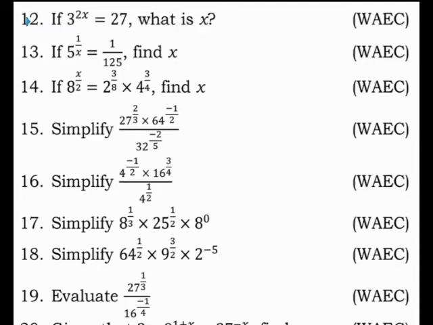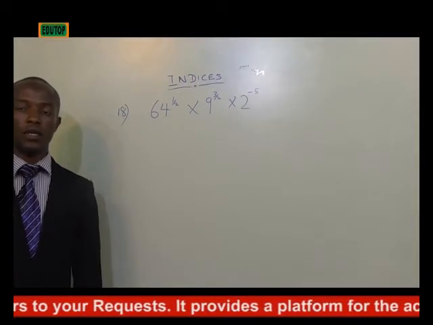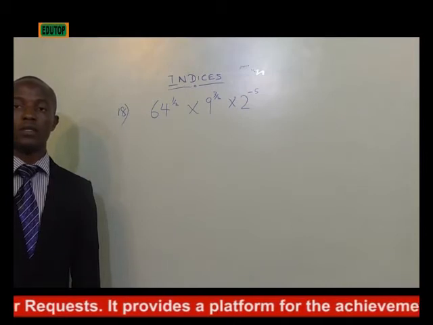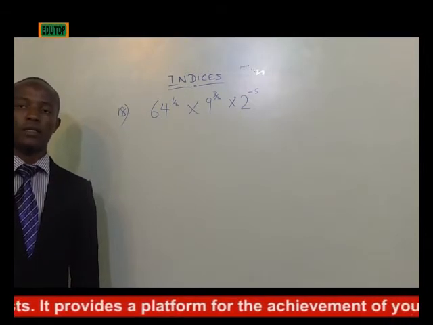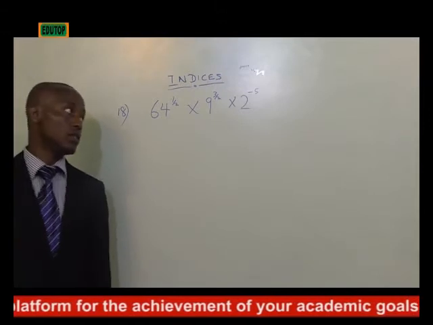Example number 18. Simplify 64 raised to the power 1 over 2 times 9 raised to the power 3 over 2 times 2 raised to the power minus 5. Here we'll be applying law number 6, the sixth law of indices, according to what we have explained. And then we'll be applying the 7th law of indices and then the 4th law of indices.